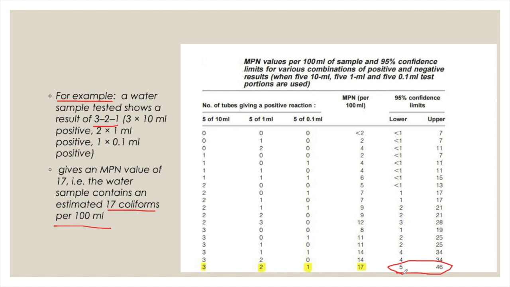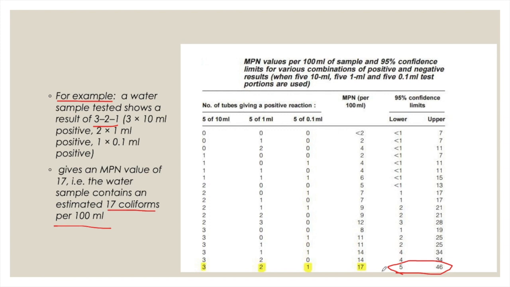So 5 to 46 is the 95% confidence limit for this kind of result. This most probable value of 17 has been observed as MPN, while to be 95% confident, we can say that the MPN for this sample will be between 5 and 46 coliform per 100 ml of the sample.